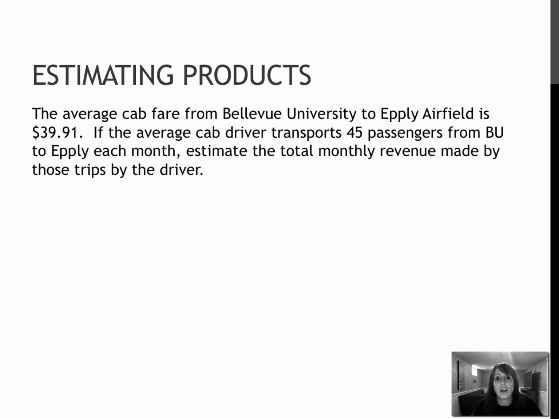Here's an application of estimation. If I'm going from Bellevue University, which is where you are all going to school, to Epley Airfield, the average cab fare is $39.91. If the average cab driver transports 45 passengers from Bellevue to Epley each month, how much would the average cab driver make?